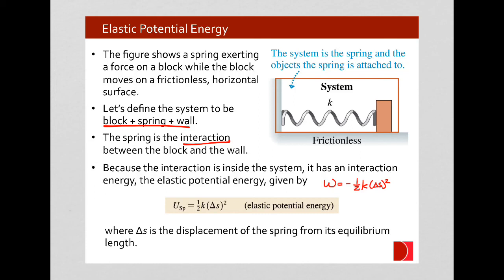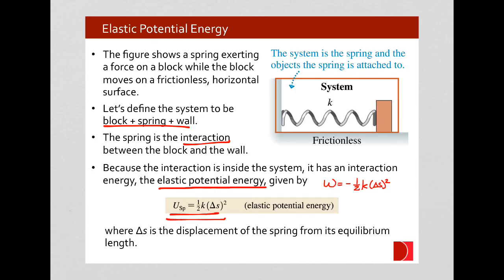and we can say that if the spring is doing negative work to slow the block, for example, that energy that is taken away from the block when that work is done doesn't disappear, but rather shows up as elastic potential energy.